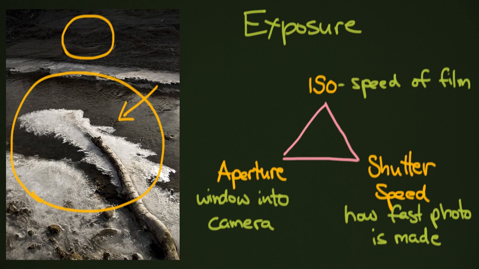You can change the size of it and therefore allow more or less light into your camera. Just like by putting a smaller window on a house, you can let less light in, or putting a bigger window on your house, you can let more light in. And the aperture works essentially in the same way. So these three things together are going to work to make your exposure.